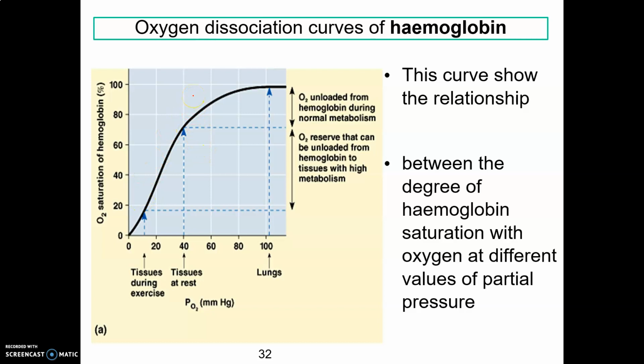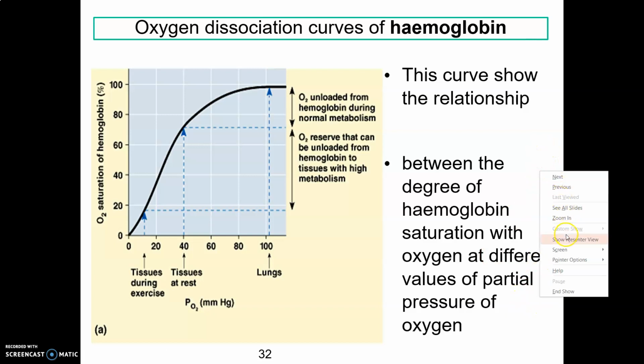Tetapi okay, kita nak tahu this oxygen dissociation curve, dia menunjukkan the relationship between the degree of hemoglobin saturation with oxygen at the different values of partial pressure of oxygen. Tambah sini, saya terlupa. Sekejap, saya tambahkan lah. Between the degree of hemoglobin saturation with oxygen at different values of partial pressure of oxygen.